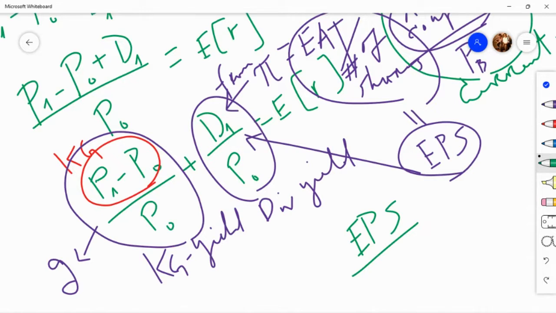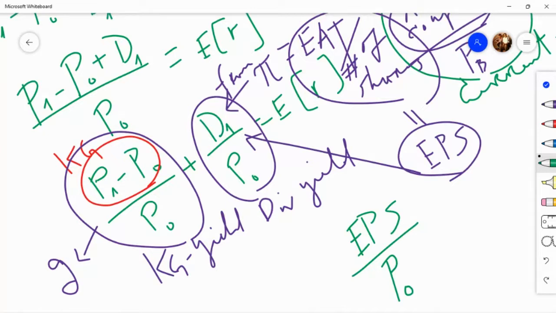But suppose the company distributes all the profit. In other words, the payout is 100%, meaning 100% of the earnings per share is paid out as dividend, and the dividend yield would look like this.